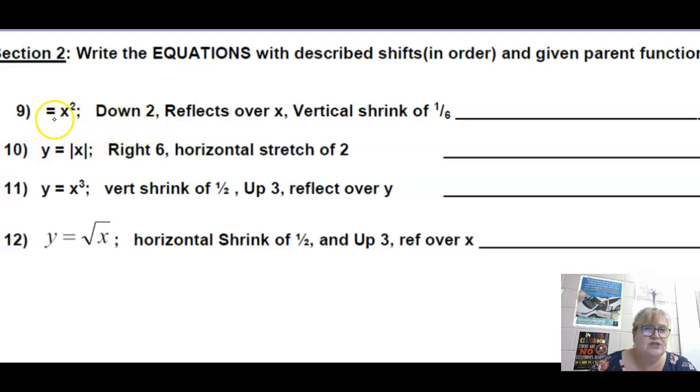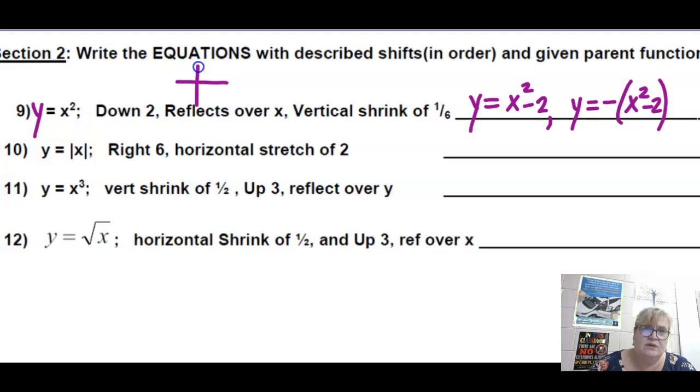This one says to shift it down 2 first, then reflect it over the x-axis, which actually is this. You have to do parentheses because it said to shift it down.